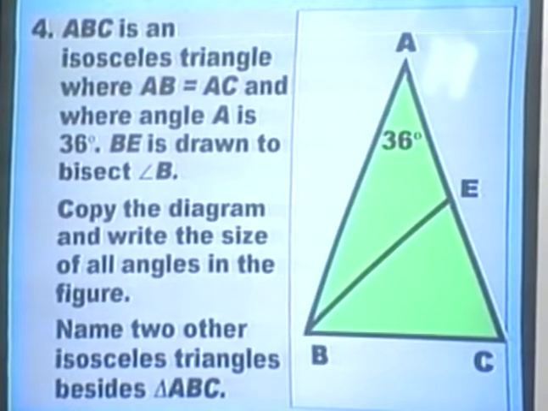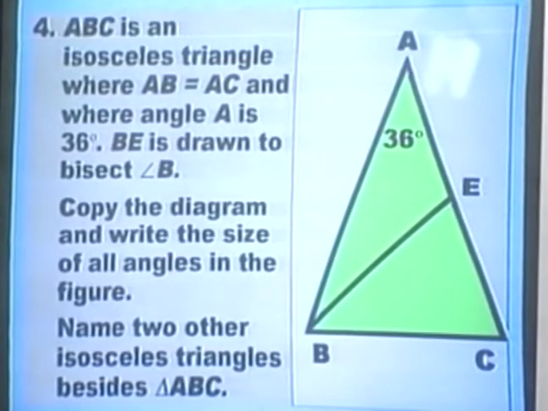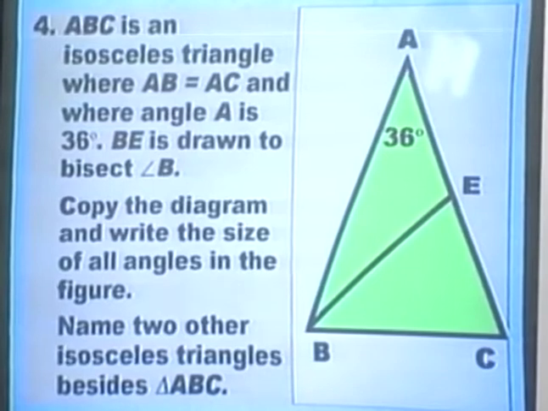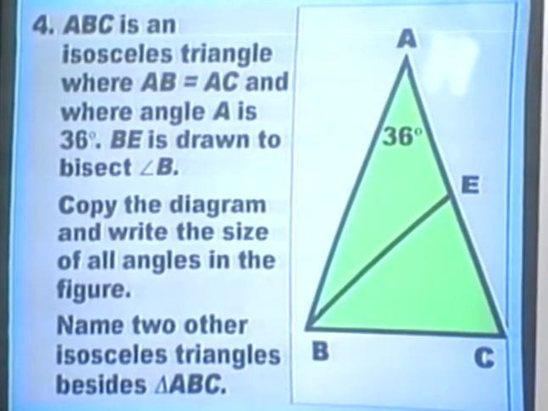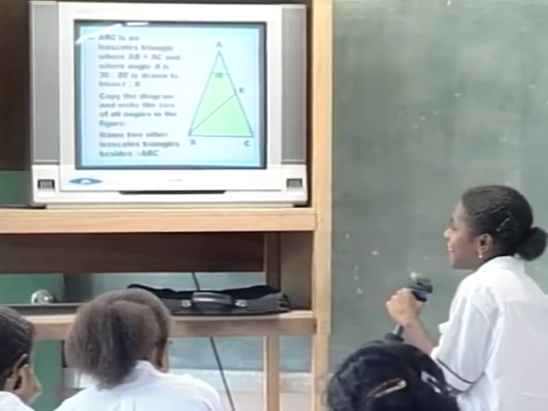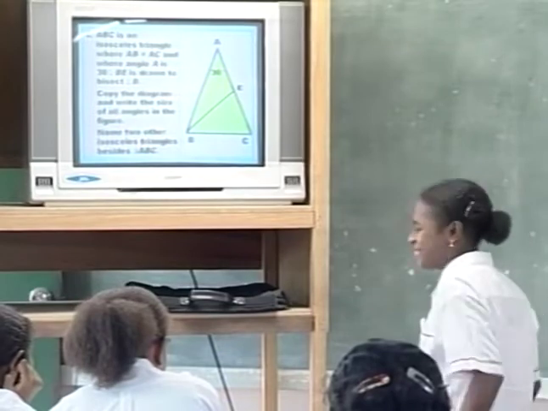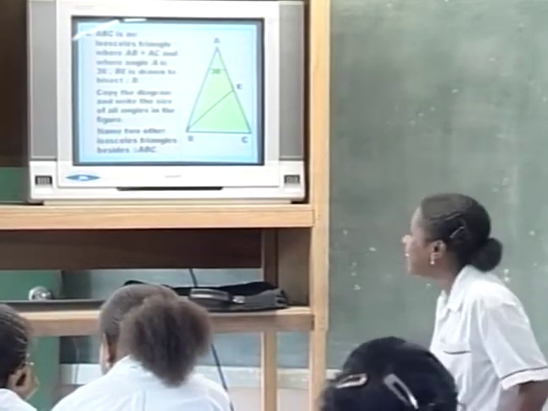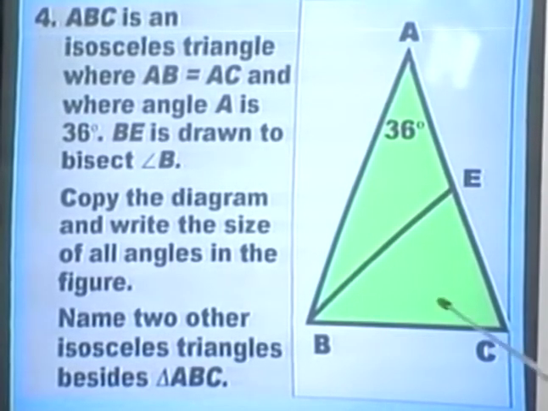So 180 minus 36, divided by 2, would give 72 for these two angles.